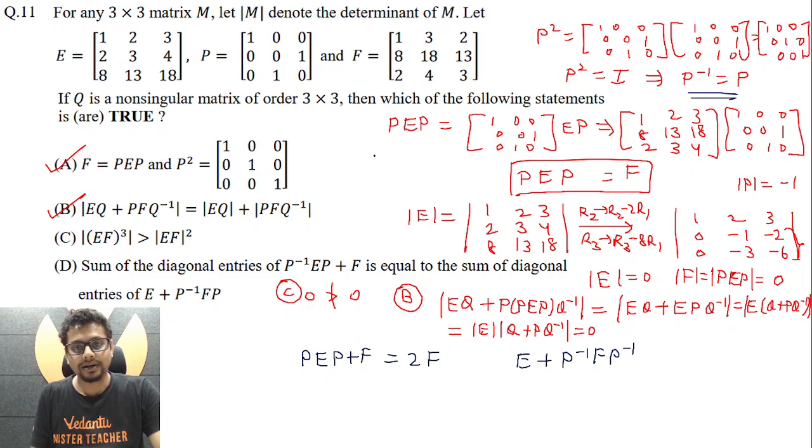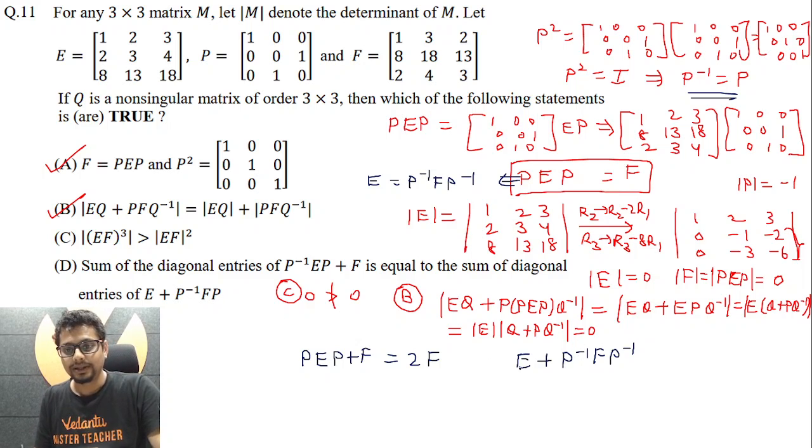Now since PEP is F, if you pre-multiply and post-multiply by P inverse, P inverse P will become identity matrix, and here what you will get is E equal to P inverse F P inverse. So here since P is P inverse only, P inverse F P inverse essentially is E. So what you get is E plus E, 2E.